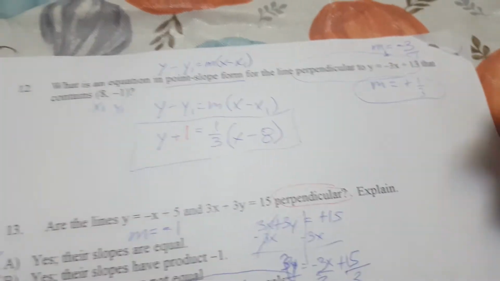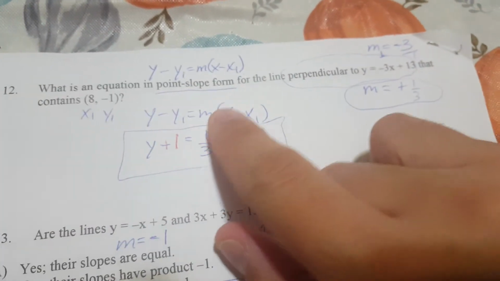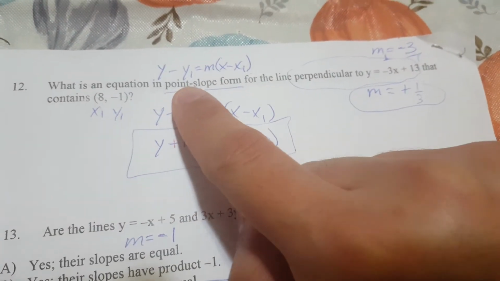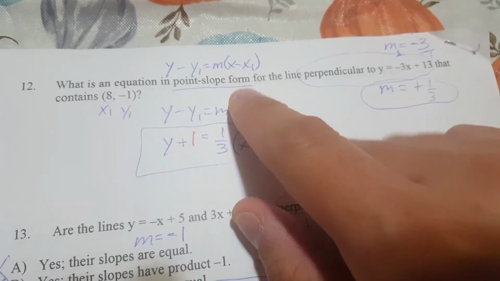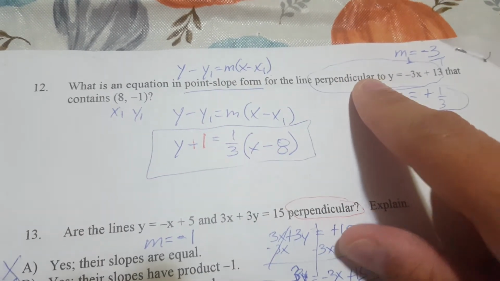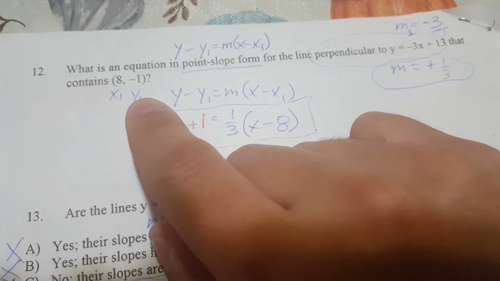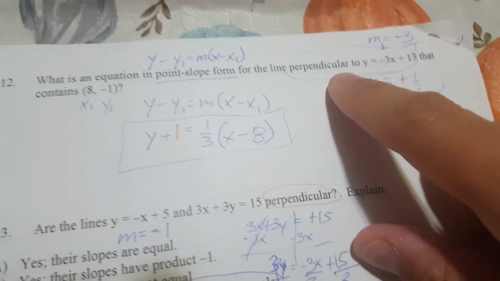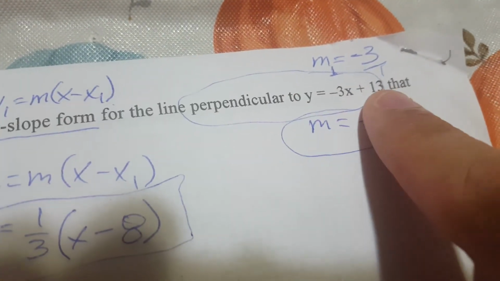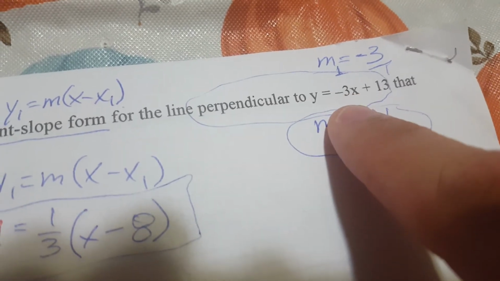Okay, last page. The same deal. We want the equation in point slope form, so we just want y minus y1 equals m times x minus x1. Now here's the point that they gave us, (8, -1), so there's my x1 and my y1. But here they told us that this is perpendicular to -3x + 13. You don't care about this equation, I'm just looking at that slope.